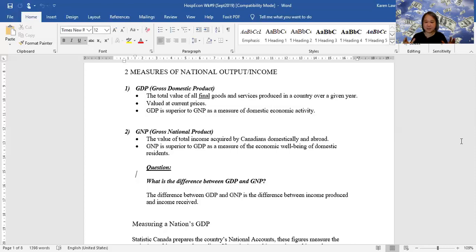So that transaction will show up in the USA's GNP because McDonald's is a US corporation. So any multinational corporations, any type of income that they acquire from other countries will show up in the GNP of where that country lives.